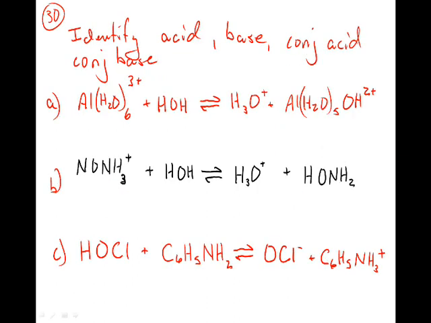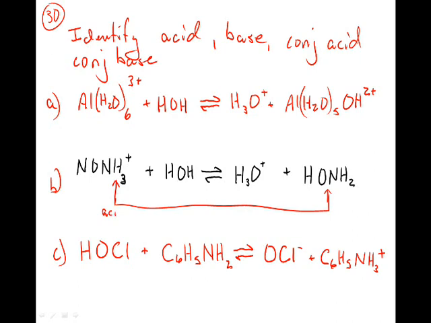For 29, you should be able to go through these and identify the acid, the base, the conjugate acid, and the conjugate base. So for example, here I am looking and I see 3 hydrogens, but over here I only see 2. It means that this species has given up a proton, and this is what remains.